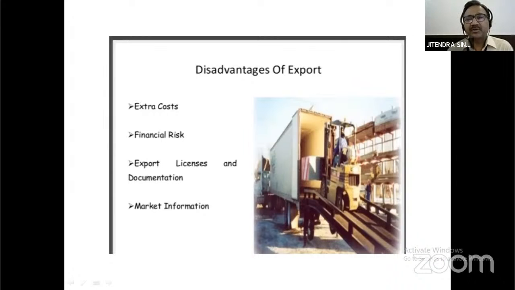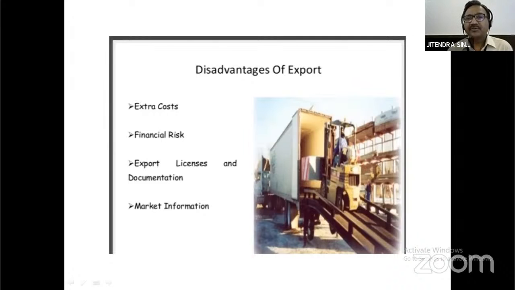First one is the extra cost. If we indulge in the export process, if we want to export our commodities to another country or another market, definitely it will increase the cost of production. Because packaging cost increases, transportation cost increases, and the documentation process is rather hectic and costly also.